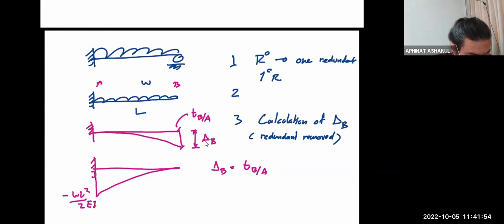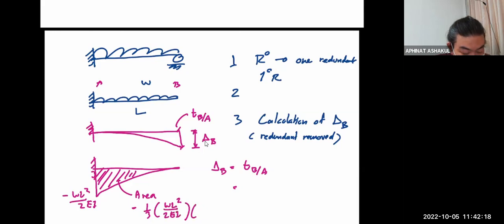And this area is a parabola, so 1/3. Area is equal to 1/3 of the height, WL square over 2I, multiplied by the length.